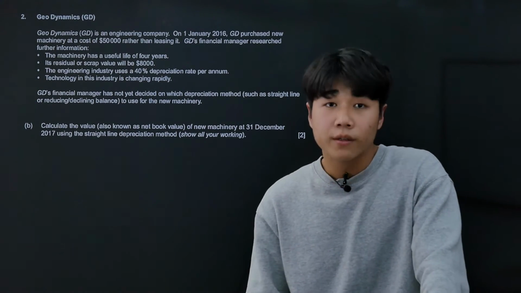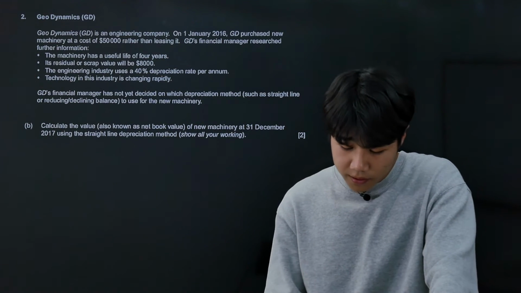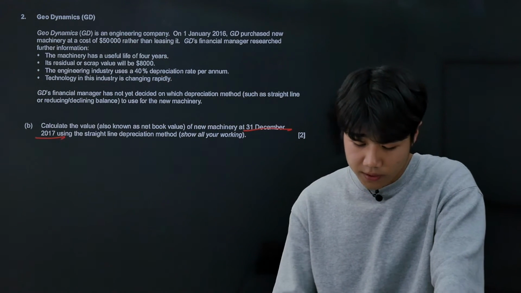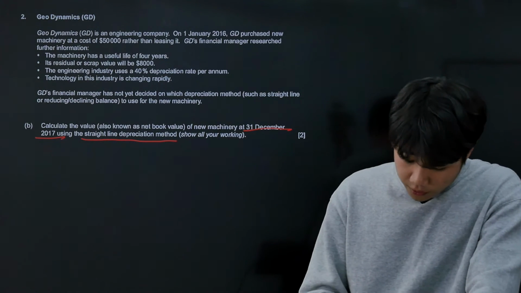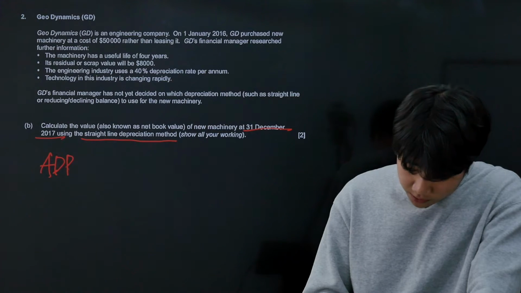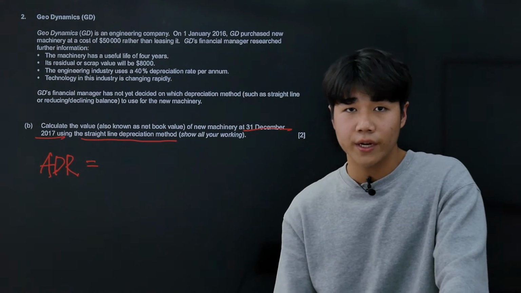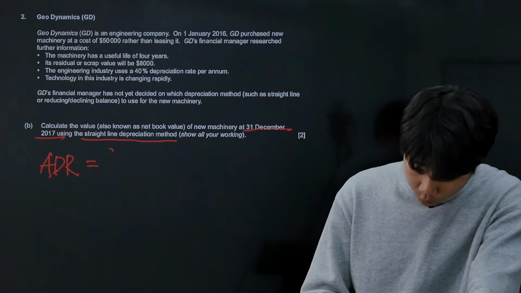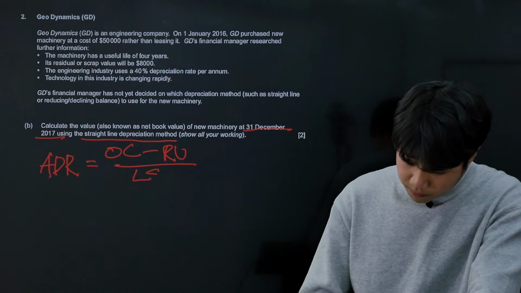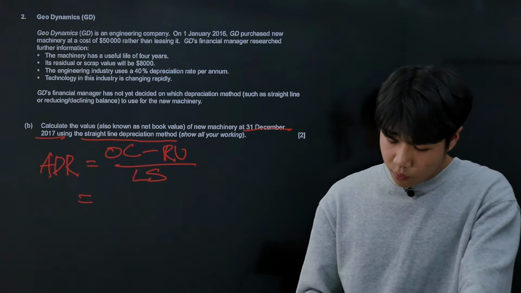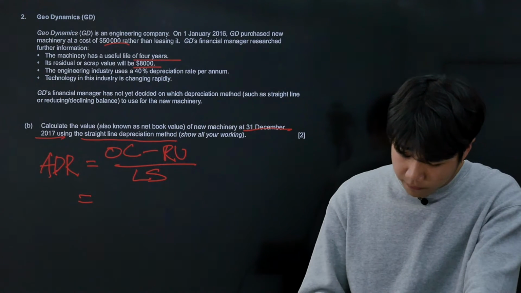Now, the next question, B: calculate the value of new machinery at 31st of December 2017 using the straight line depreciation method. Okay, so how do you find the straight line depreciation method? We first need to find the annual depreciation, which is found by original cost minus residual value over the lifespan, which in this case would be 50K minus 8K divided by 4 years.